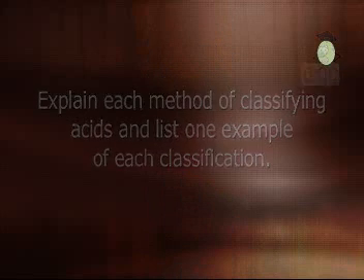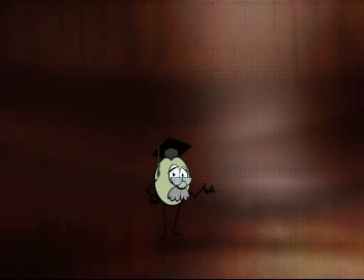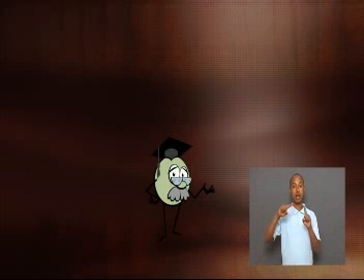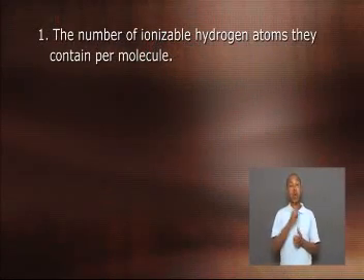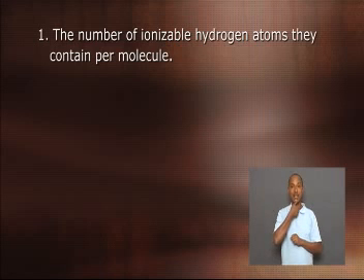Time's up! Let's get back to our lesson. Welcome back, students. One way of classifying acids is by the number of ionizable hydrogen atoms they contain per molecule.